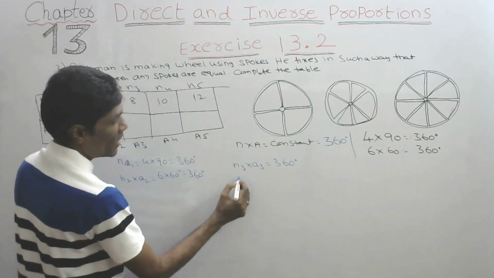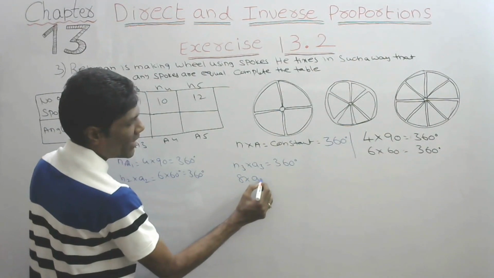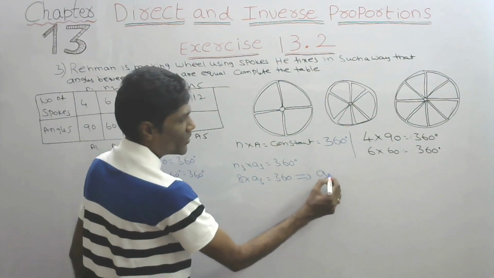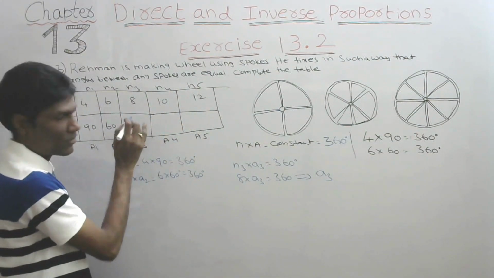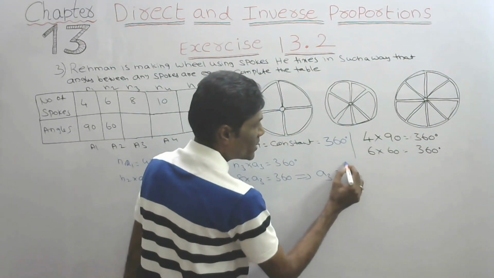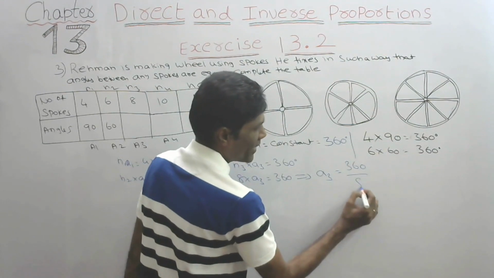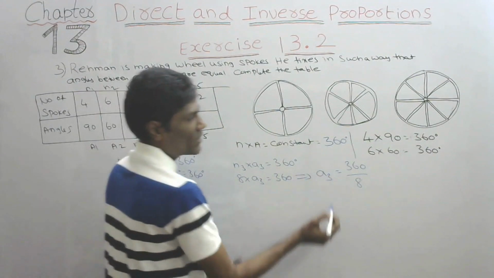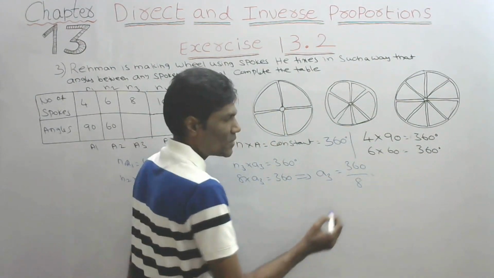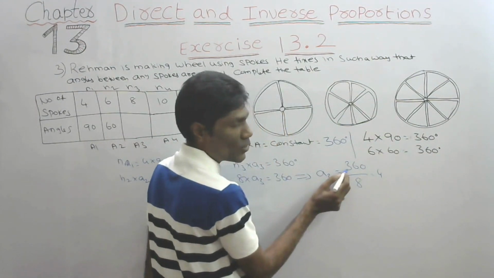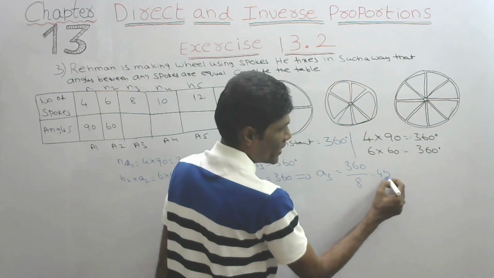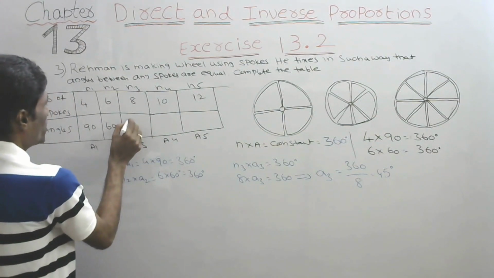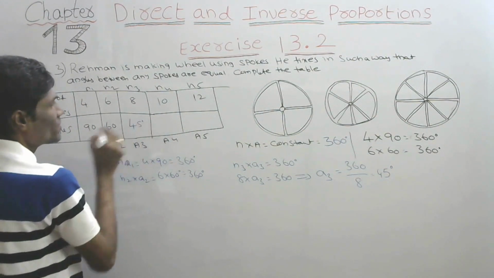So what is N3? 8 into angle 3 equal to 360 degrees. That implies A3 equals 360 divided by 8. So we are transposing this 8 to the other side. 360 by 8. 8 5s are 40. So the angle will be 45 degrees.